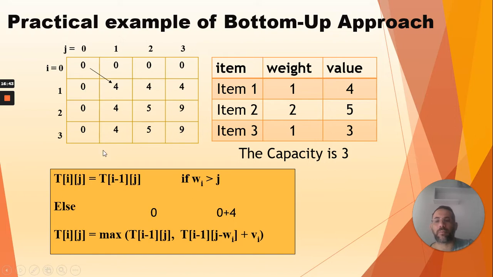Here, by this formula, we will fill all the cells of this array until we reach the last cell at the bottom right. This value, the 9, represents the optimal solution for the main problem.